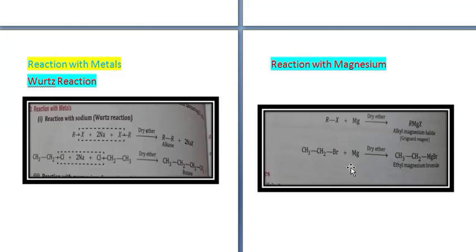Example: CH3CH2Br plus Mg in presence of dry ether gives you CH3CH2MgBr, so ethyl magnesium bromide. So this is a Grignard's reagent. Grignard's reagents can be produced by treating haloalkanes with magnesium.